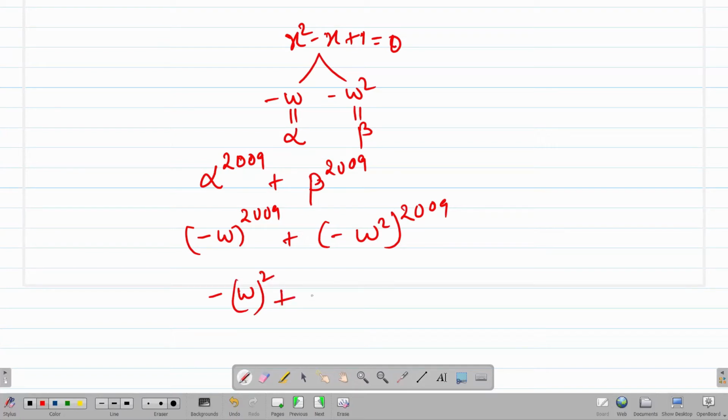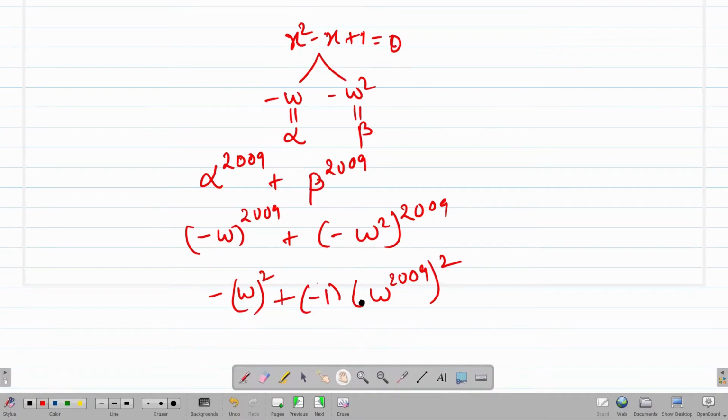Same here, if I divide, minus 1 to an odd power is minus, but here what I do is I just replace this by this. I take 2009 within the bracket and 2 outside the bracket.